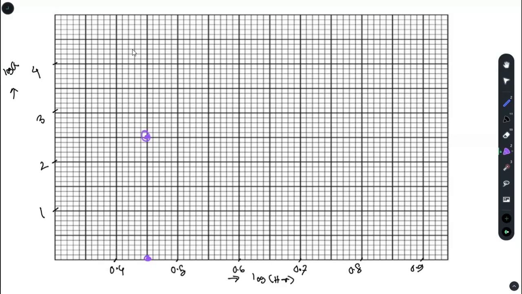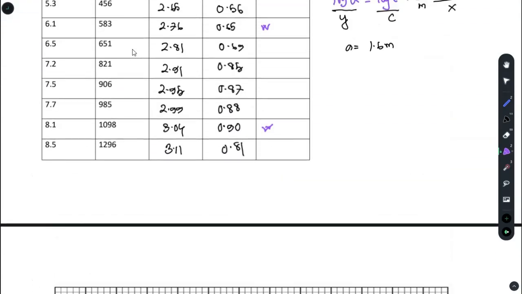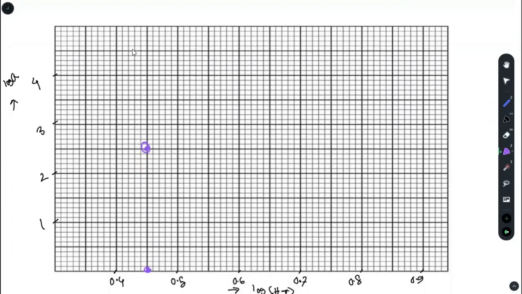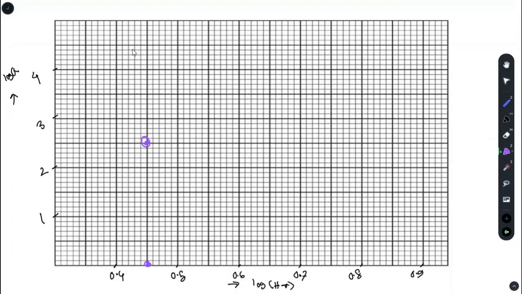For 0.65, I had a value of 2.76, so it would be somewhere over here.